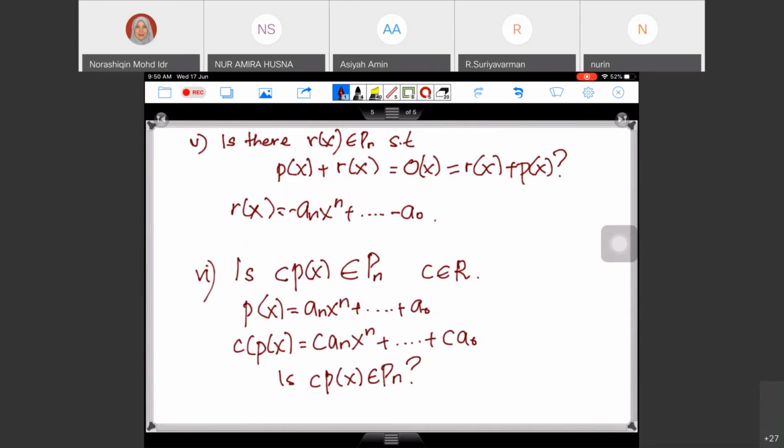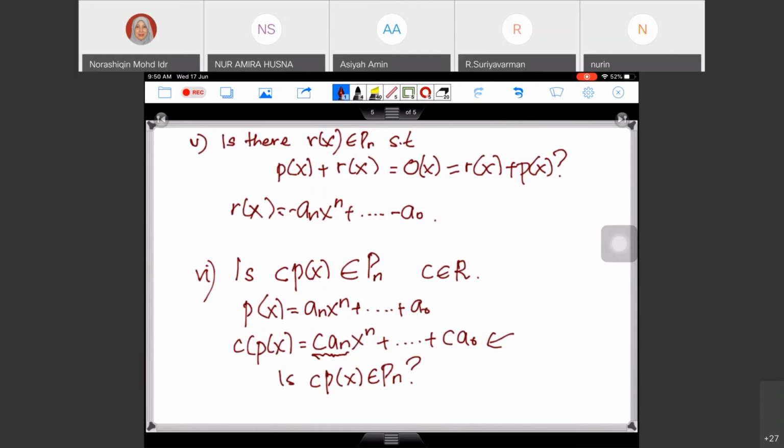Anis, what is your answer? Is cP(x) in Pn? cP(x) is in this form. At least you must show that c a_n is not equal to 0. Anis, is c a_n not equal to 0? No, c a_n is not equal to 0.